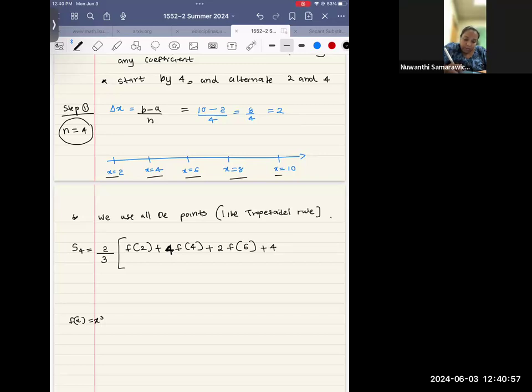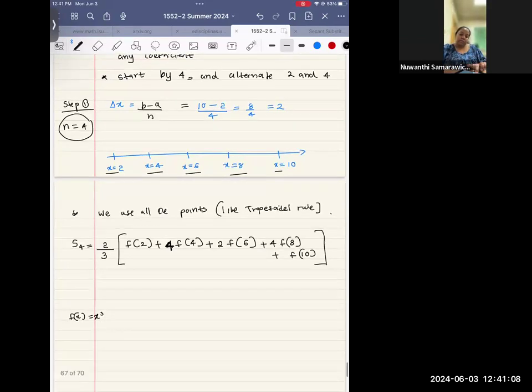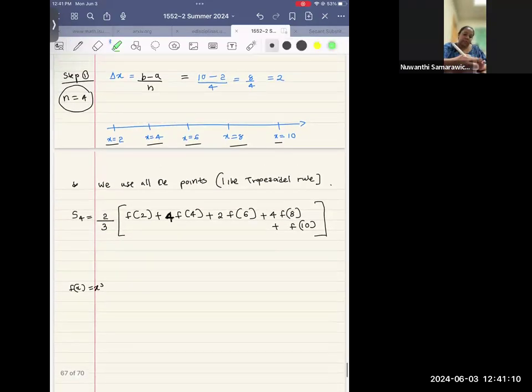Then the next one is 4 f at 8. The last one is f at 10. So we start from 4 and then we alternate 2, 4, 2, 4. But the last ones we don't multiply. It's just f at 2 and f at 10.